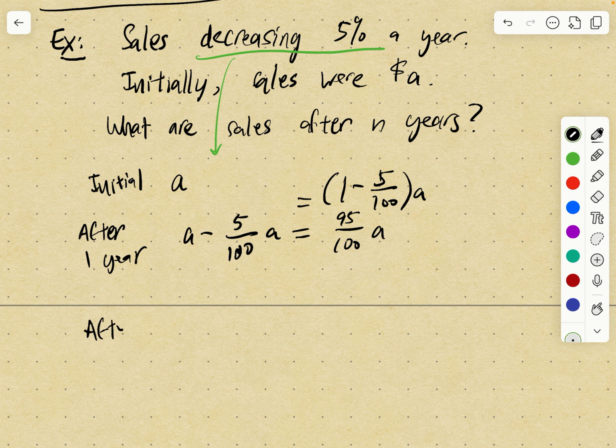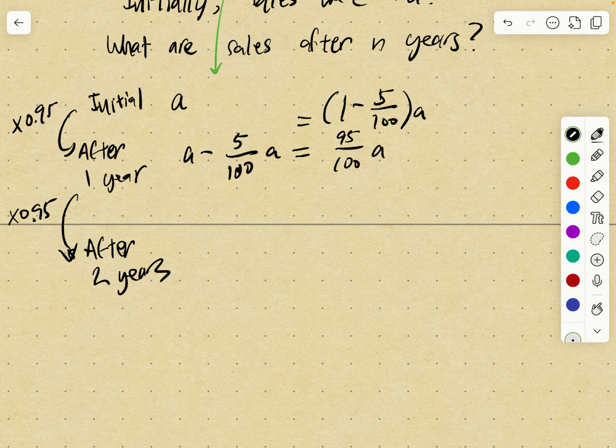And then after 2 years, each time you multiply by 0.95. After 2 years, you have 95% of what you had after 1 year. So that's 1 minus 5 over 100, let's write it that way instead of 0.95, times the 1 minus 5 over 100 A that you had after 1 year.